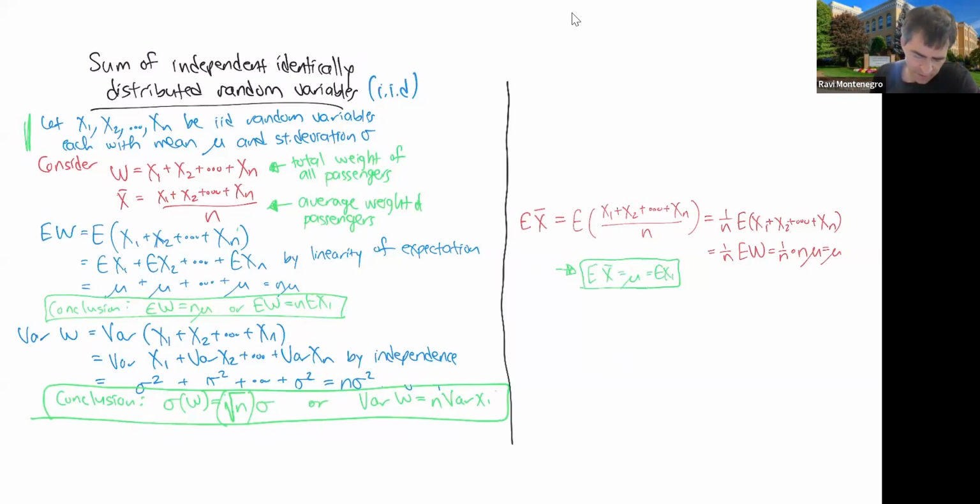Now, what about when we look at standard deviation? And just like before, I'll start with variance just because we have a little more information on how variance works. So the variance of the average, well, that's the variance of x1, x2 to xn divided by n.